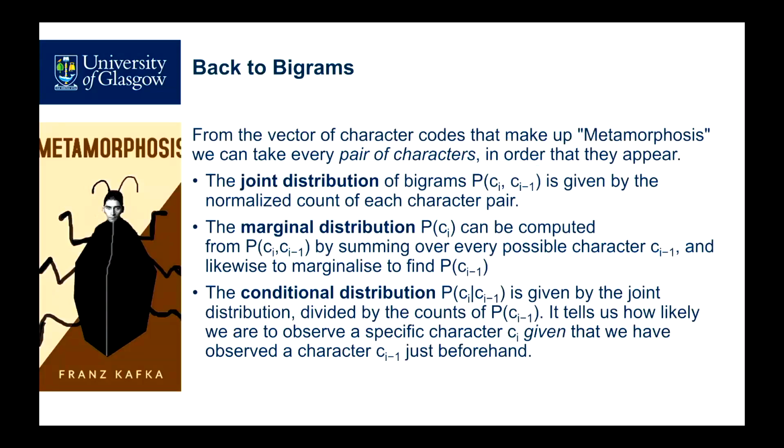So back to diagrams, okay? Now that we've defined those little things, we can go back to our text and we can say, from the vector of character codes that make up, for example, The Metamorphosis, we can take every pair of characters in the order that they appear, okay? The joint distribution of bigrams is given by the normalized count of each character pair.